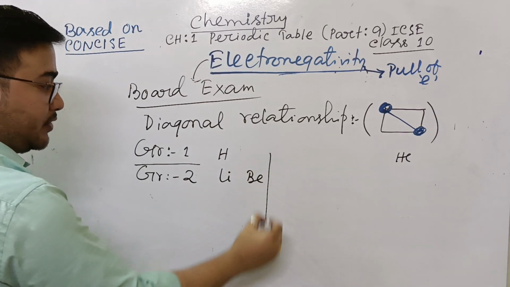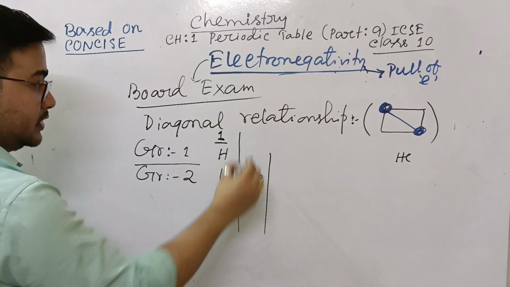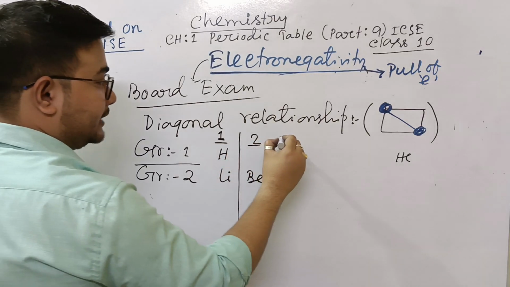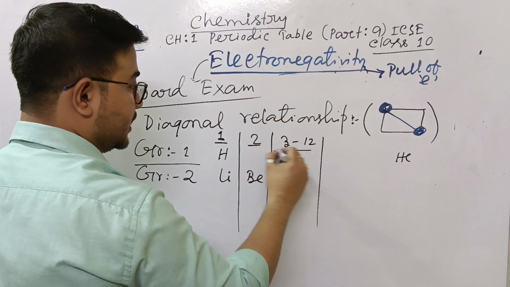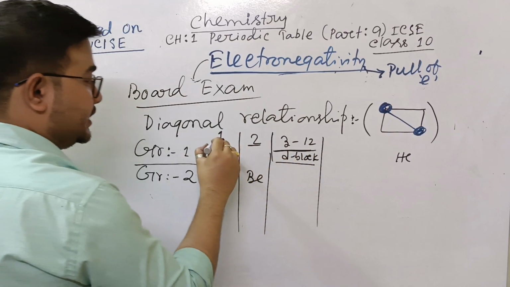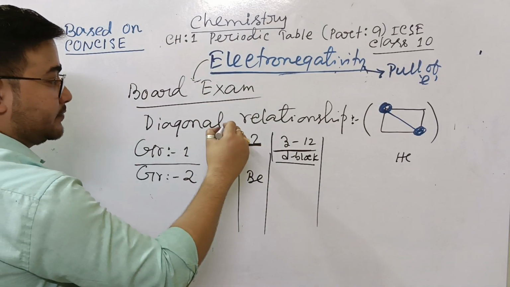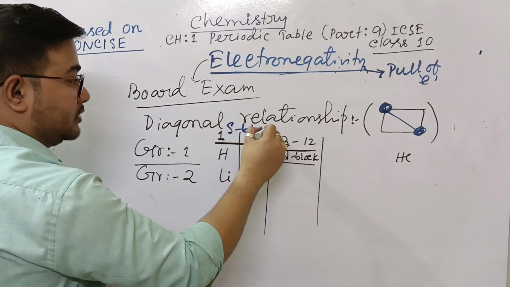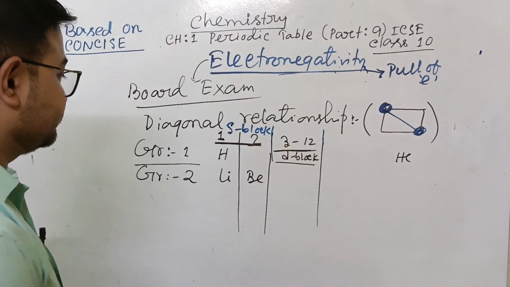I already told you it is called the first column, the second column, and groups 3 to 12 you don't need to consider because they are called the D block. In the last video I discussed this concept, and these two are called the S block. It is in our syllabus, but the D block is not important for us.